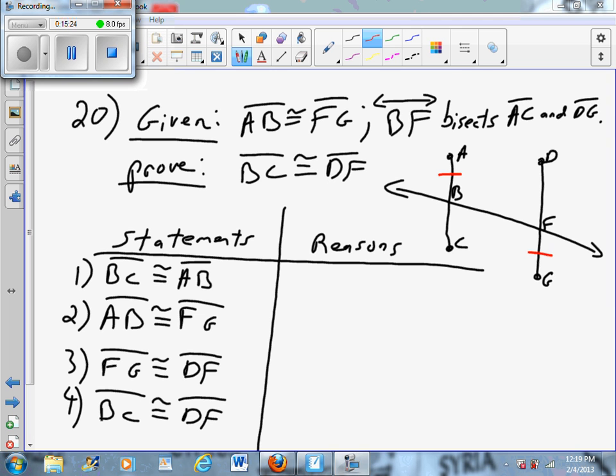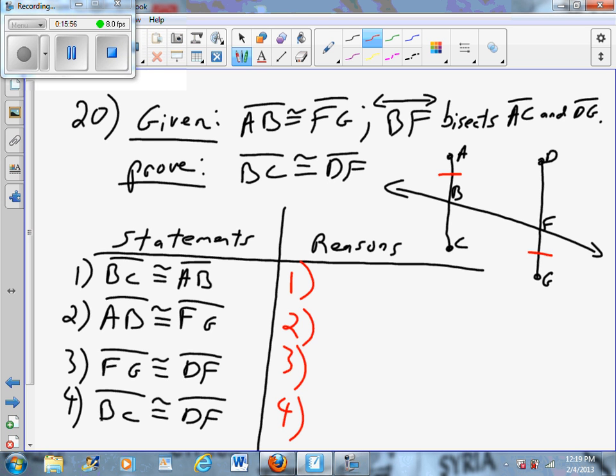So what we have to do is come up with reasons for each one of the statements. What's the justification, for example, to be able to say that BC is congruent to AB? If I'm told AB is congruent to FG, why can I state that AB is congruent to BC? What is my justification? Not transitive.